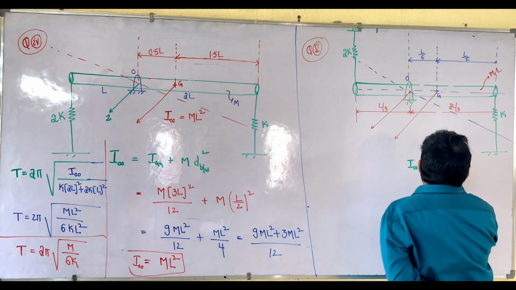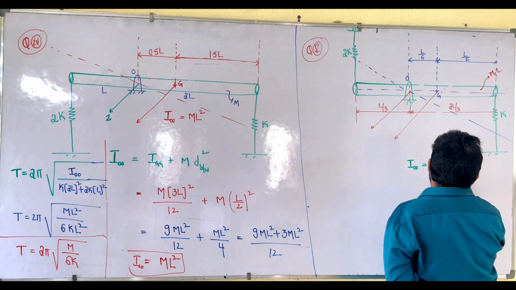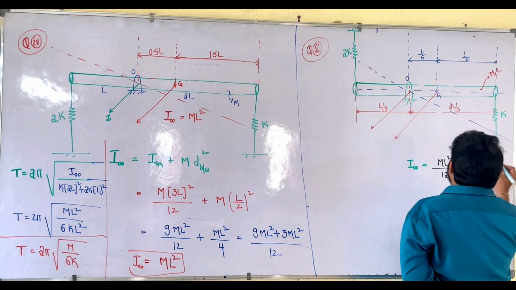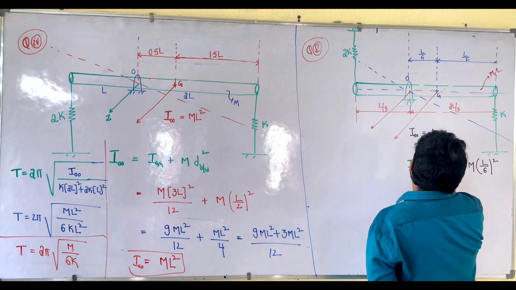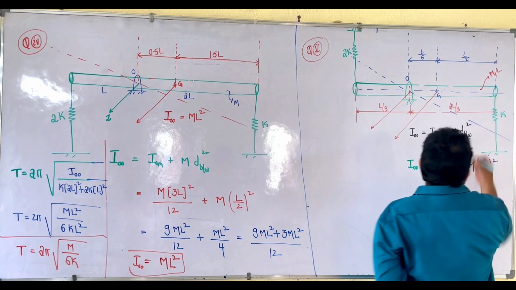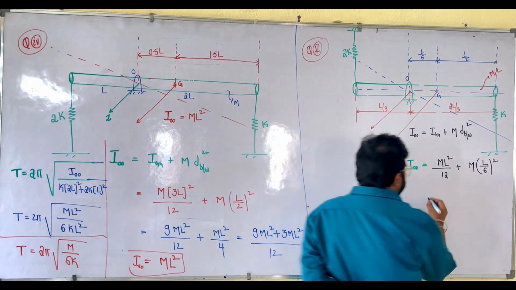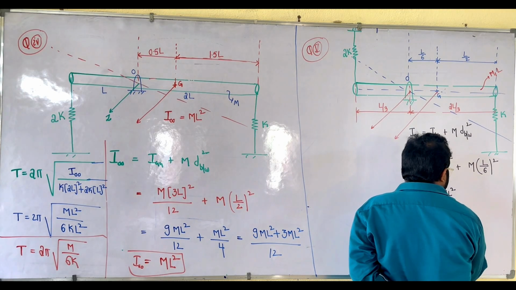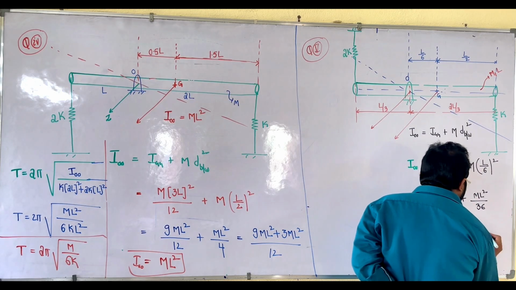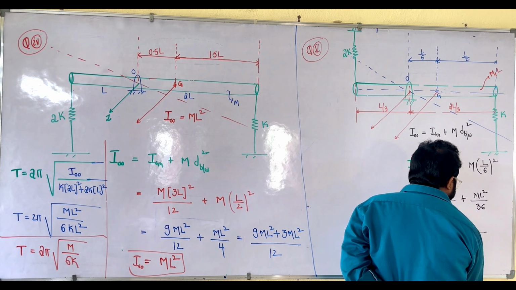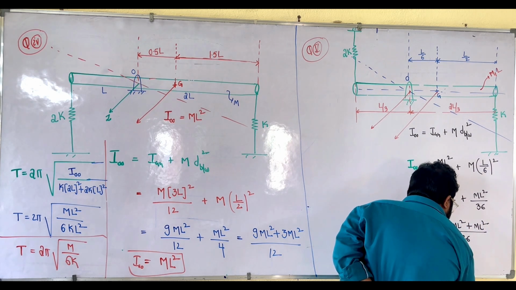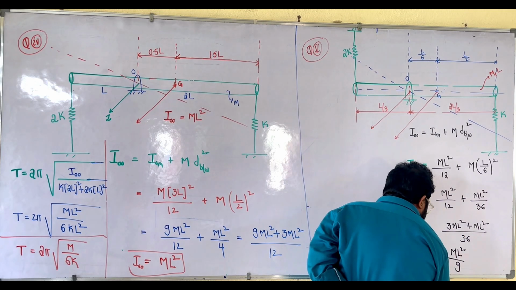Chapandi. ml square by 12 plus mass into distance between square, ml square by 12 plus ml square by 36. Here 12 into 3, 36. 3 ml square plus ml square. Finally how much is obtained? ml square by 9 is obtained.